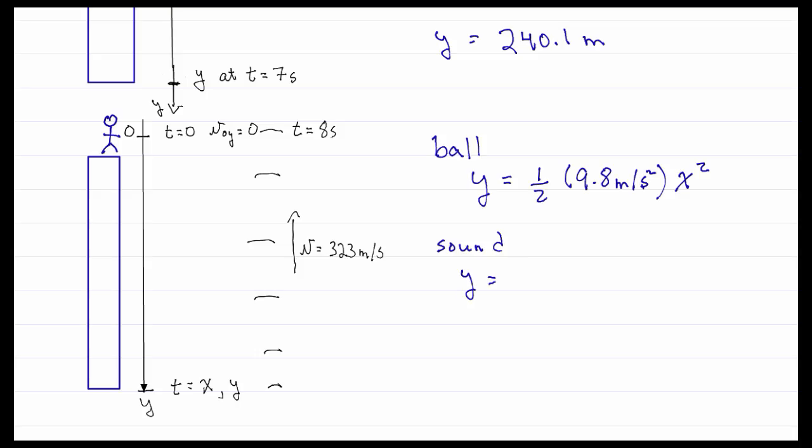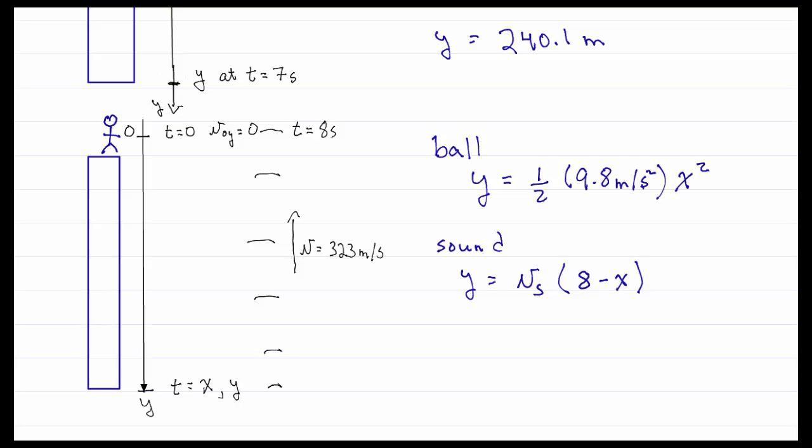So sound is traveling with constant speed, so we can write out the distance traveled by the sound wave as the velocity of the sound wave times the time that it takes the sound wave to get to the top. And we know the total time of the ball falling and the sound wave moving is 8 seconds, and so we subtract x from 8 seconds, and that's the time it takes for the sound wave to reach the top of the canyon.